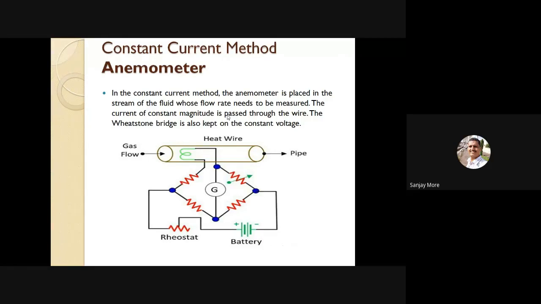The current of constant magnitude is passed through the wire. Full stop. The Wheatstone bridge is also kept on the constant voltage.